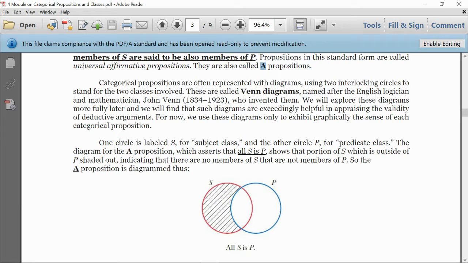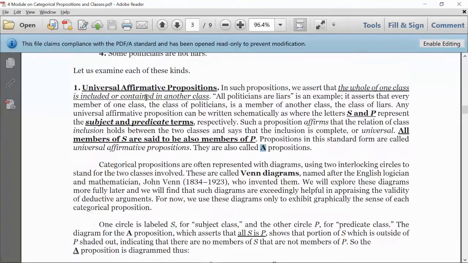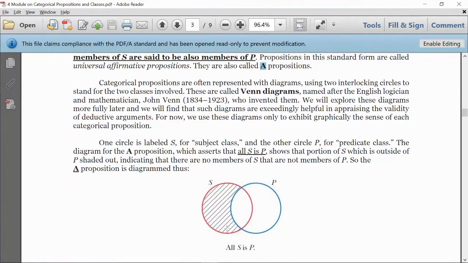This Venn diagram is named after the English logician and mathematician John Venn, who invented them. We will explore these diagrams more fully later, but for the sake of identifying where the subject and predicate terms stand, we have to use this Venn diagram.